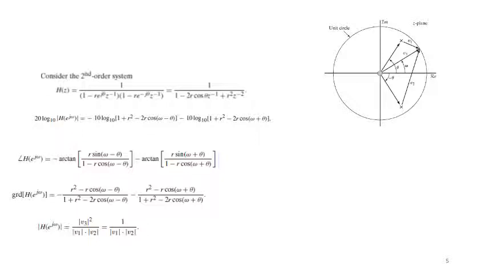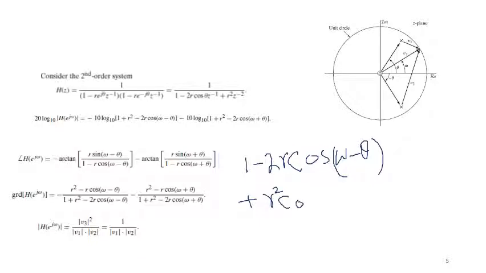So it will be 1 minus 2r cos(ω−θ) plus r² cos²(ω−θ) plus r² sin²(ω−θ). So that's about the magnitude.